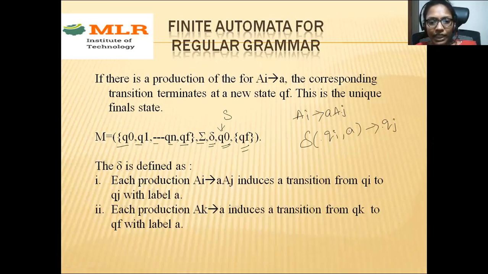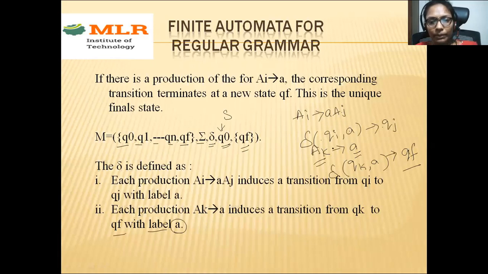In the same way, for each production Ak tends to a, if I have only Ak tends to a without any state, then it induces a transition from Qk on the input a, and it will lead to the final state Qf, with the label a.